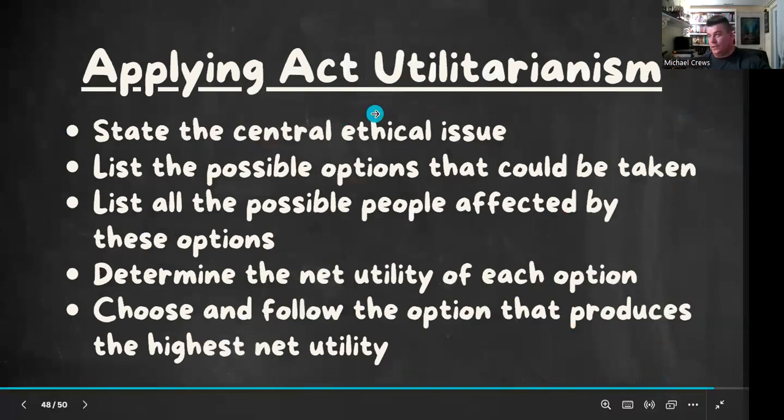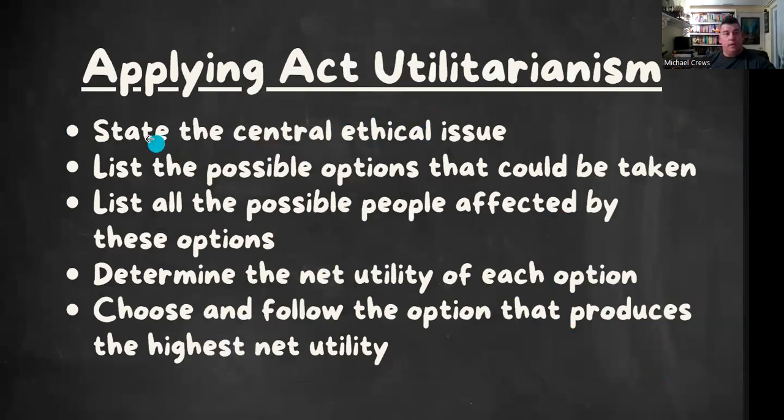So when we apply act utilitarianism, this is what we're doing this week. We're going to state the central ethical issue, which is on the formatting. We're going to list the possible options that can be taken. We've been working on our 4 options. We're going to list all the possible people affected by these options. Those are our stakeholders. Then we're going to determine the net utility of each option. That's the math that I showed in the box.